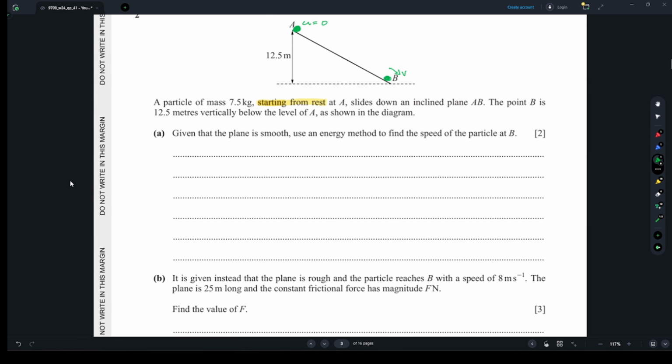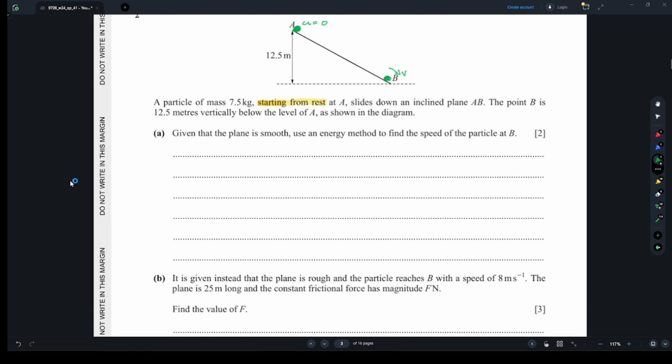Okay, so given that the plane is smooth, we don't need to consider the friction. Okay, use an energy method to find the speed of the particle. Okay, so how can we do it here?